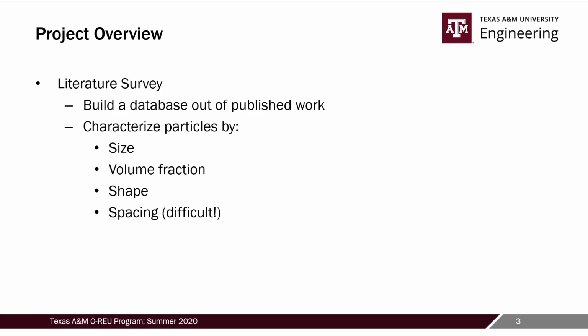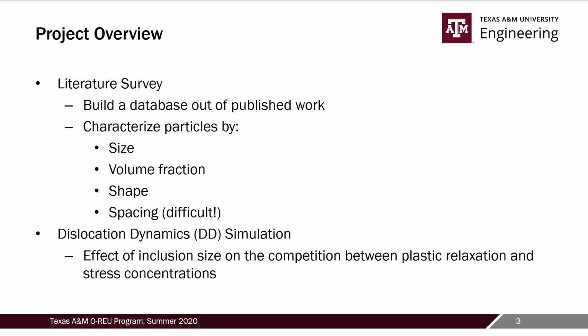Using the first three parameters, we can find correlations in void nucleation, while the spacing of said particles will help us find correlations in the void coalescence step. I also began to implement a dislocation dynamic simulation, which will allow me to investigate the effect of these inclusion size on the competing processes of plastic relaxation and stress concentration, both of which contribute to void nucleation.